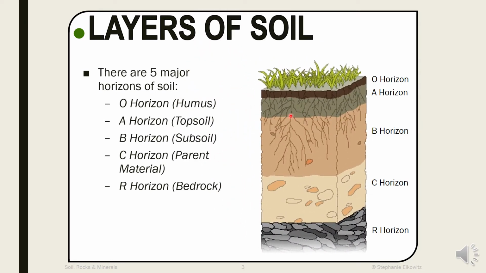The O horizon, in this diagram you can see, is the uppermost part of the soil where the plants are found and where the organisms can reside. The uppermost part of the soil where the humus, meaning decomposed organic matter, is present is called the O horizon. O means organic layer.